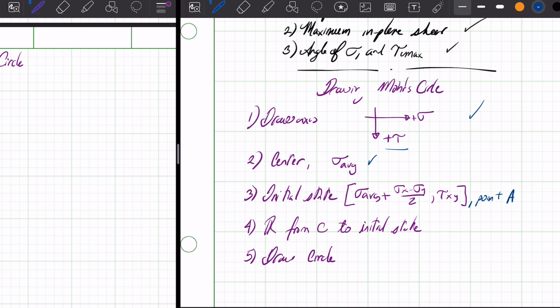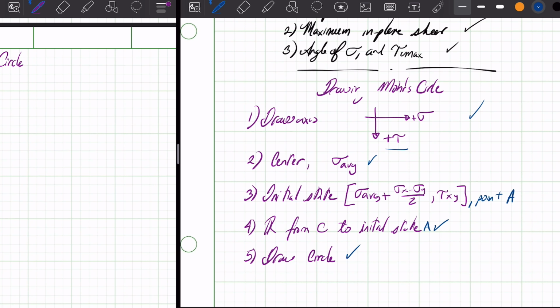And we have tau xy for the vertical axis tau. From there, we draw the radius from C to the initial state A, and then we draw a circle.